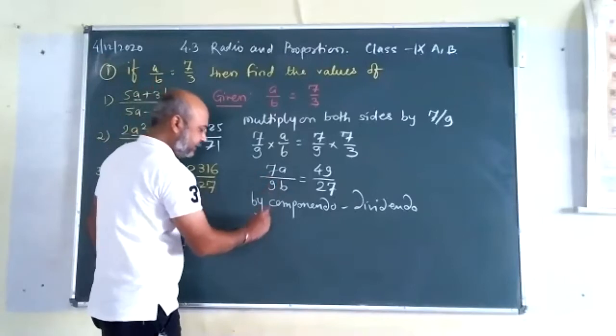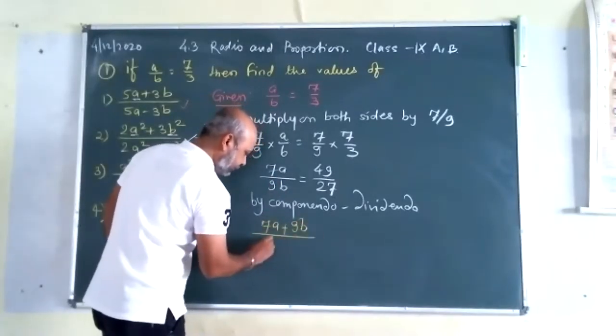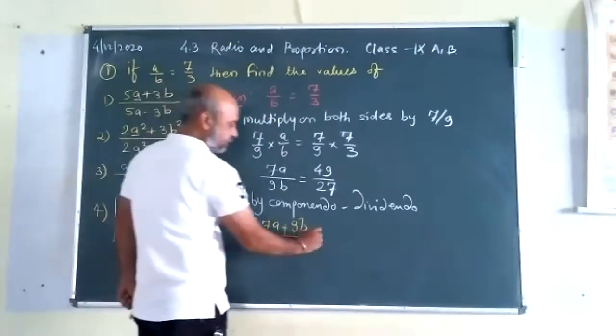Similarly, what you will get then: 7A plus 9B divided by 7A minus 9B by componendo dividendo.